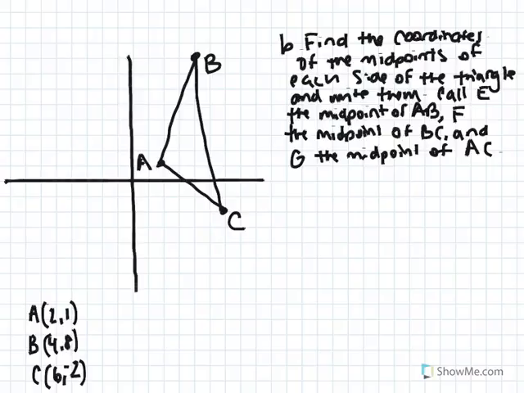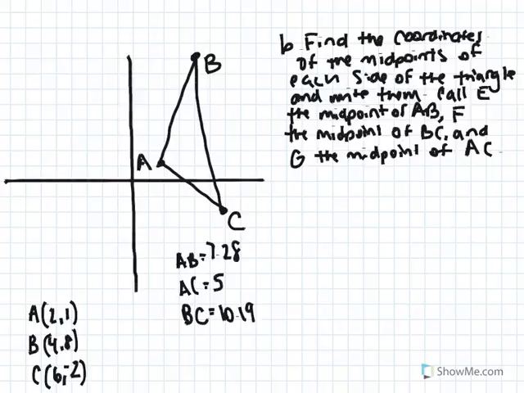Hold on just a moment. I have AB, AC, BC. BC is 10.19, AC is 5, AB is 7.28.